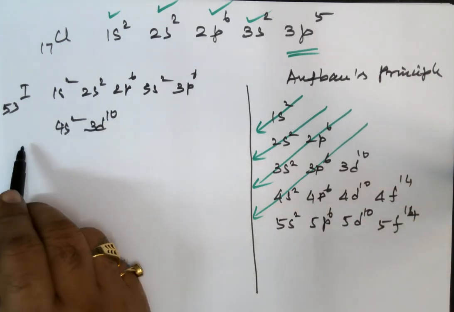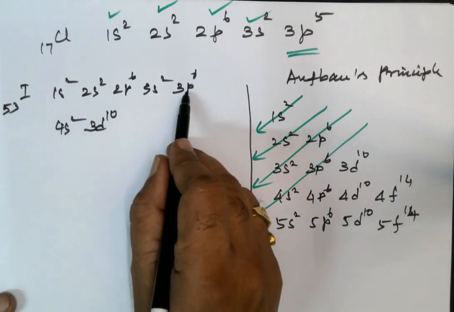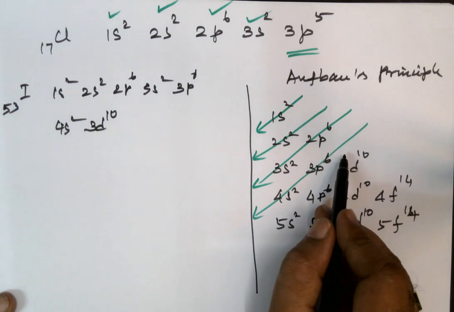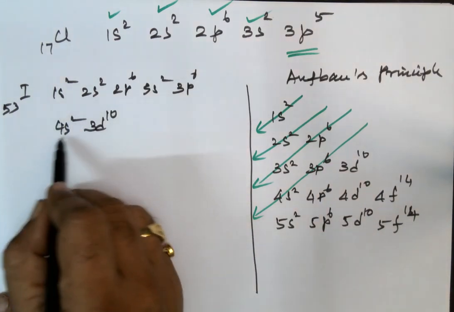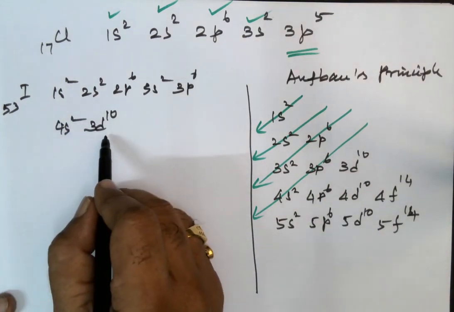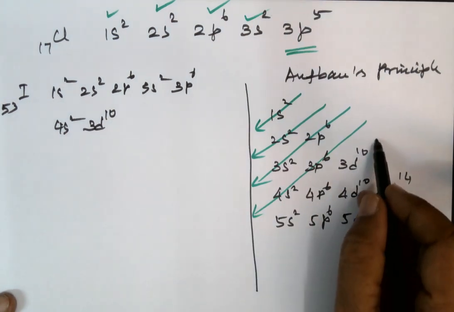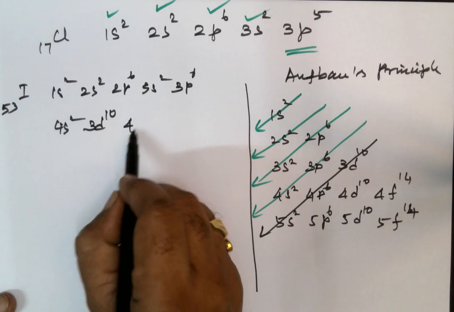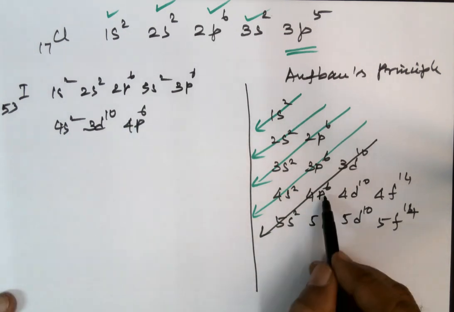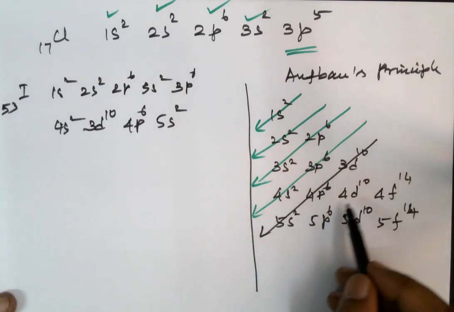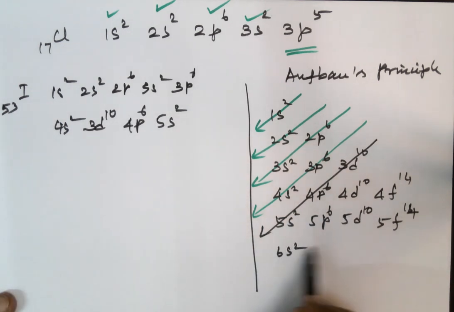Now can you find the change here? After 3p6 it should go to 3d10, but according to the Aufbau principle it fills up 4s2 and comes back once again to 3d. So 4s2, after that 3d10 and again 4p6, then you have 5s2.